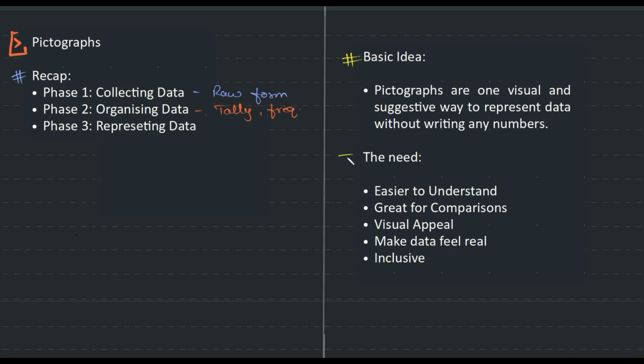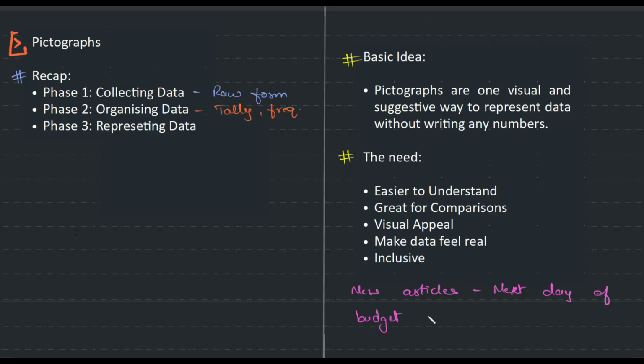Why do we need it? It's commonsensical, easier to understand, great for comparison, has visual appeal, makes data feel real, and is inclusive. If you want a good example, you can open up a news article from the next day of the budget session.